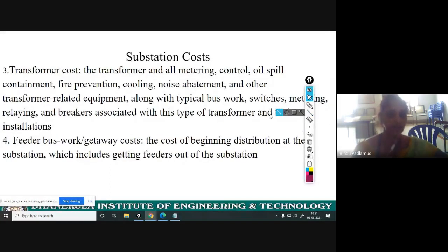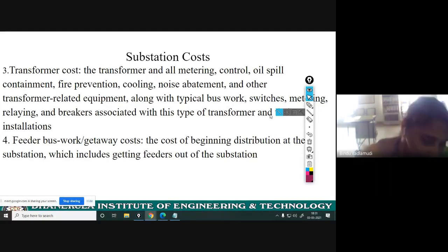The next one is transformer cost. What is the major equipment used in the distribution system? Other than that, nothing but transformers. Is it not?